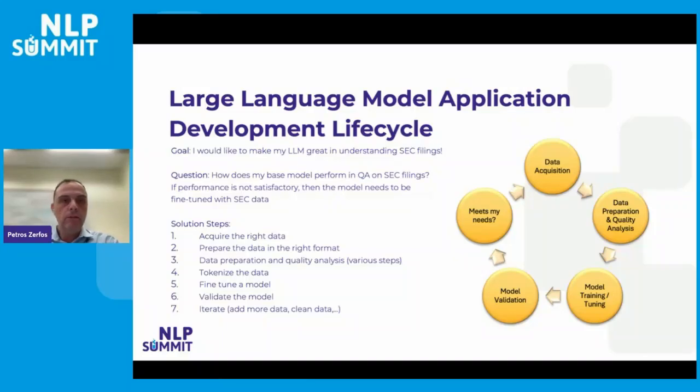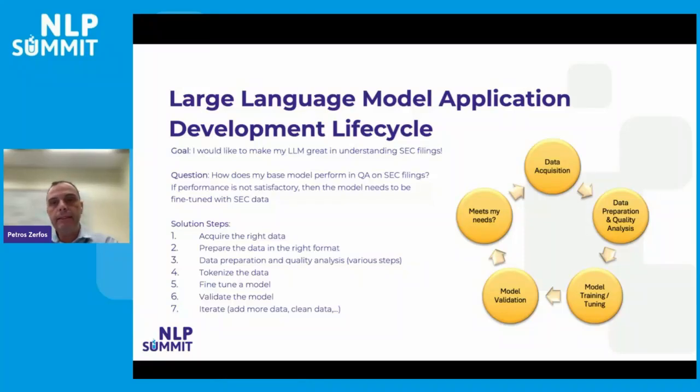Then a whole life cycle begins of acquiring new data, preparing them and assessing their quality, then using them for further model training and fine-tuning, assessing the model performance through model validation and evaluation, and further assessing whether the fine-tuned model with the newly acquired and prepared data meets their needs.